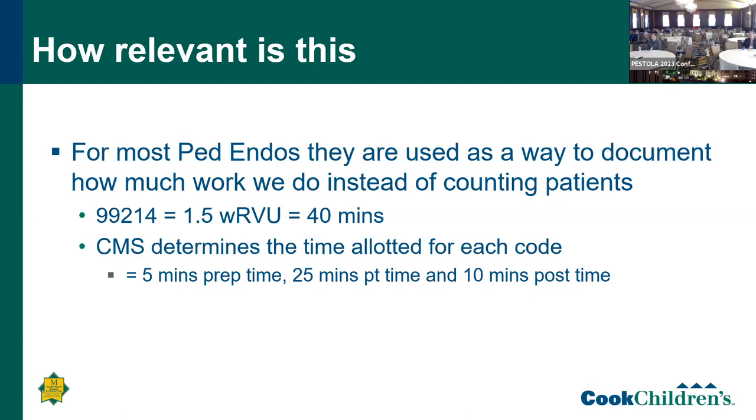So when you look at averages, it doesn't really tell you what someone like you is doing. Let's take a 99214, a moderately complicated follow-up visit. It's assigned 1.5 work RVUs. CMS reckons that takes us 40 minutes: 5 minutes to read the chart before you go in, the referral note, and your old note to see what the plan was, 25 minutes to see the patient, and most importantly, 10 minutes afterwards to do the cleanup work.